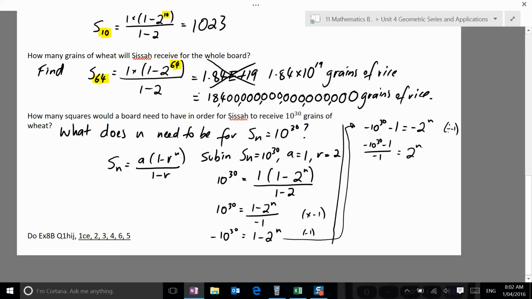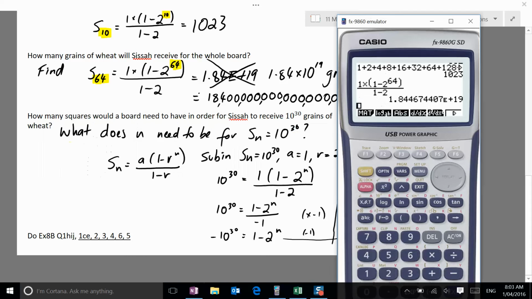Then I can convert this to a log statement. Where did my work go? So n will be what I raised 2 to in order to get this number. Let's have a look at what it gets.